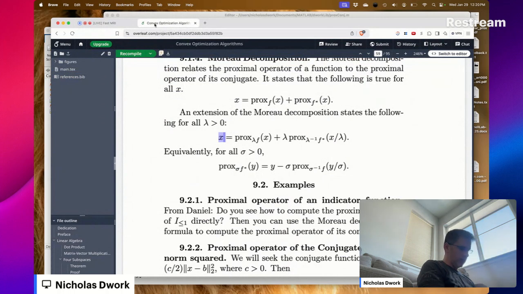We've got x is equal to prox lambda f of x plus lambda prox lambda inverse f conjugate of x over lambda. Let y equal x over lambda and sigma equal 1 over lambda.